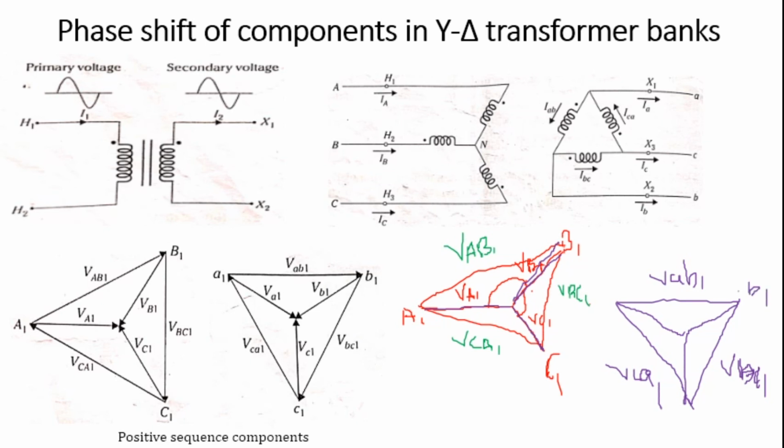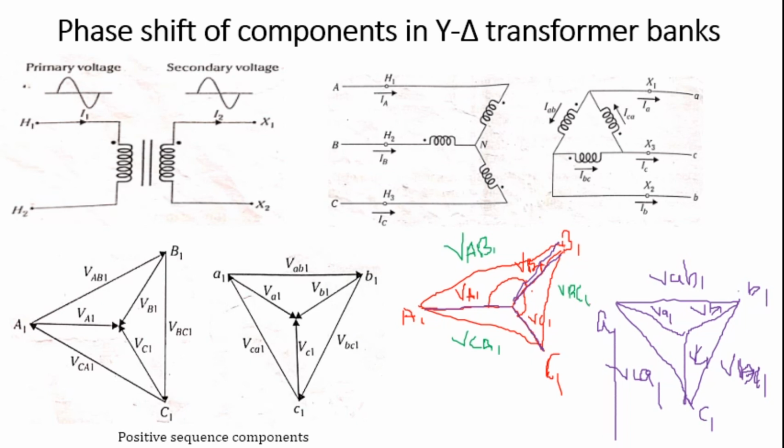Here it is VCA1 and this is VBC1, so C1 is the common, and here A1. The middle is the neutral. This is VA1, similarly this is VB1, and this is VC1.